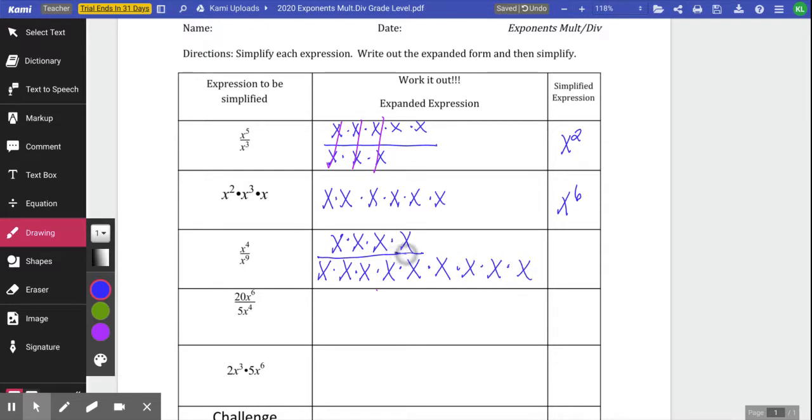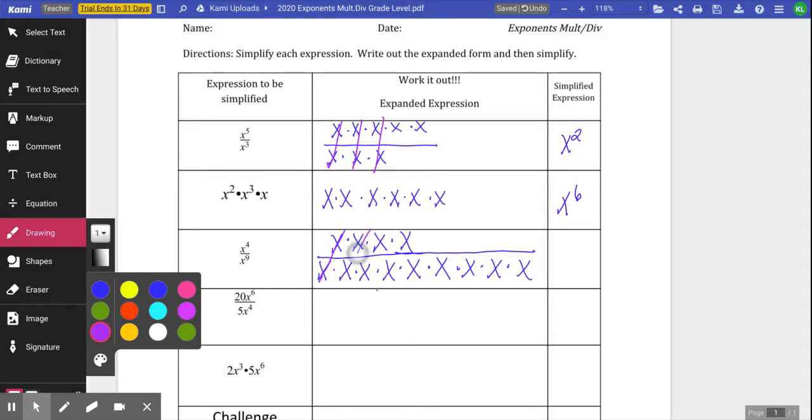So now I want to see what I can cancel out. And I cancel an x there, they cancel, there the x's cancel, there the x's cancel, and there. So I'm left with these x's right here.